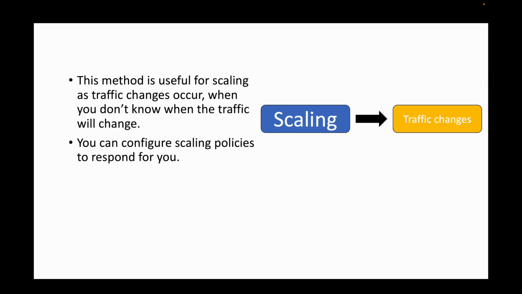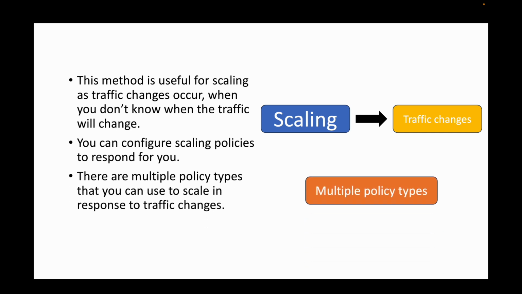With this, we can configure scaling policies which will respond to those changes, which in this case will be your CPU utilization. Your auto scaling group gives us multiple policy types that we can choose from to scale our capacity in response to the changes that happen in your traffic.